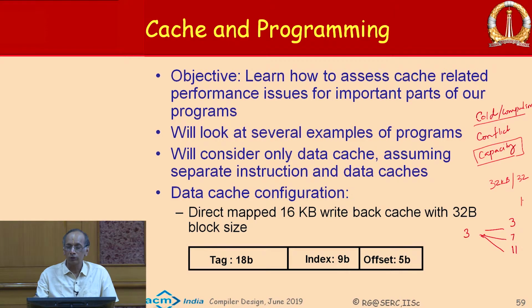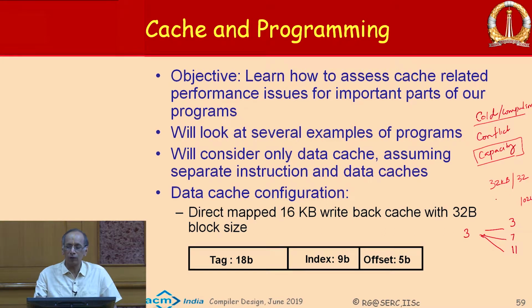I have 1024 blocks. If I had allowed each one of these blocks to go anywhere in the cache, I could have had all three of them together. If I had a fully associative cache of 1024 blocks, these three accesses would not have caused a miss, whereas because I have a two-way set associative cache, I have a miss.